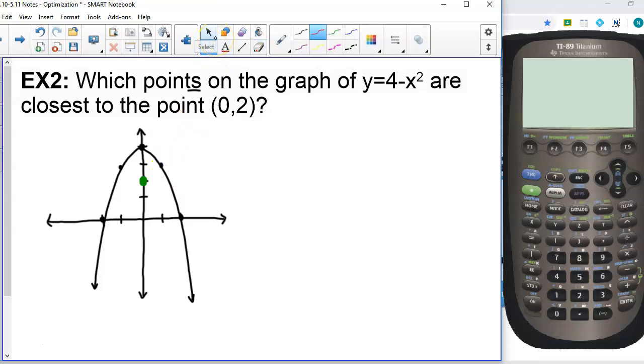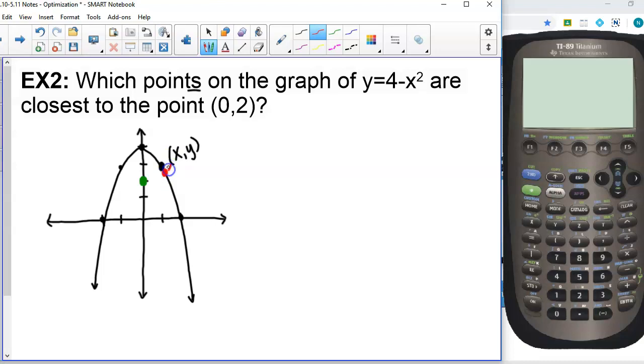So we want to know which point is the closest. I'm just going to use a point over here, and I'm going to call this the point (1, 3), but I'm going to call it (x, y), because I don't really know what point it is. Actually, let me put it right here. I'm going to put this red point right here.